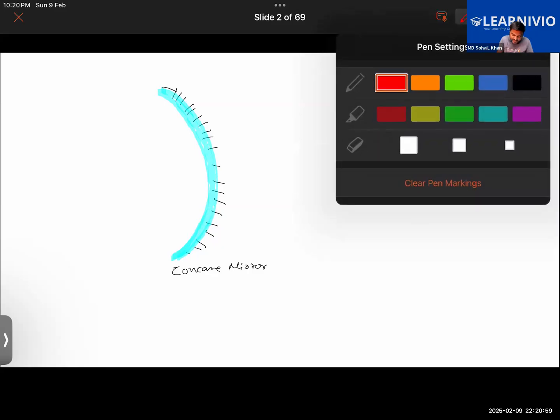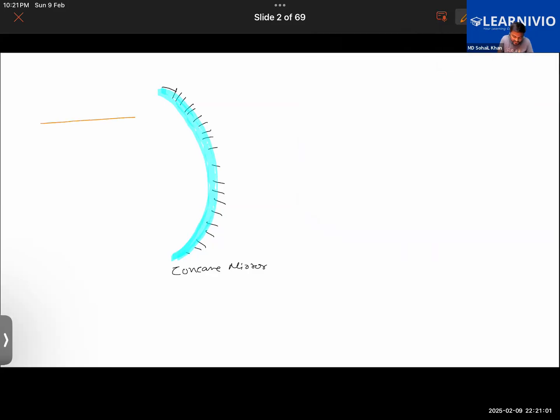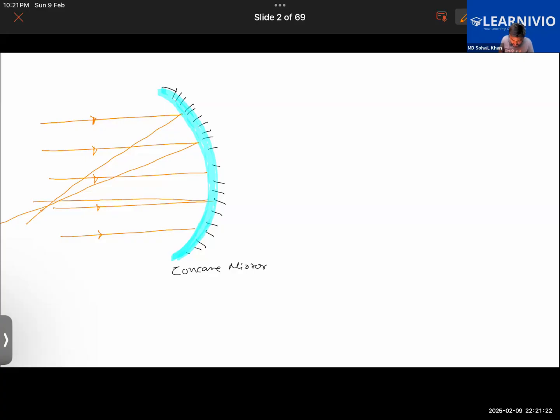Suppose these are the incoming rays of light. After reflection, they will come to meet at a point like this, a common point at which they are meeting.